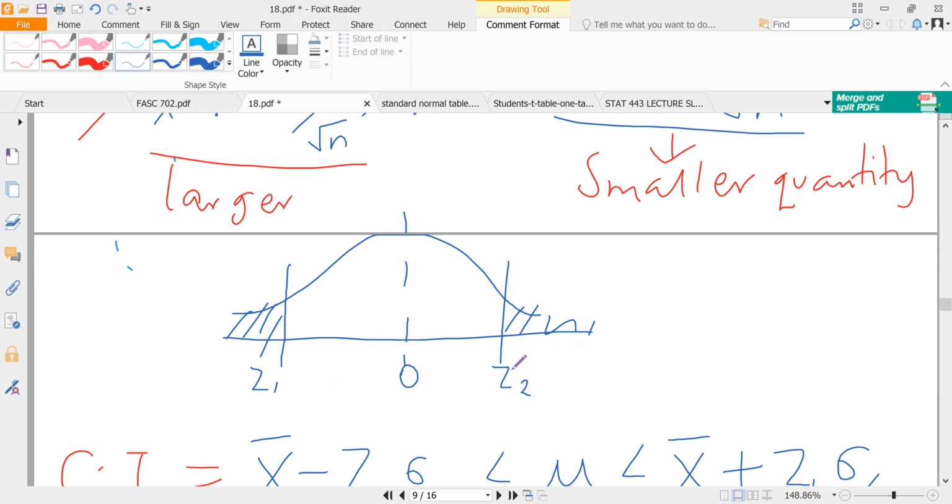If you read your table and get Z1 equal to, let's say, minus 1.34, then Z2 is just a negation of Z1, which will be 1.34.